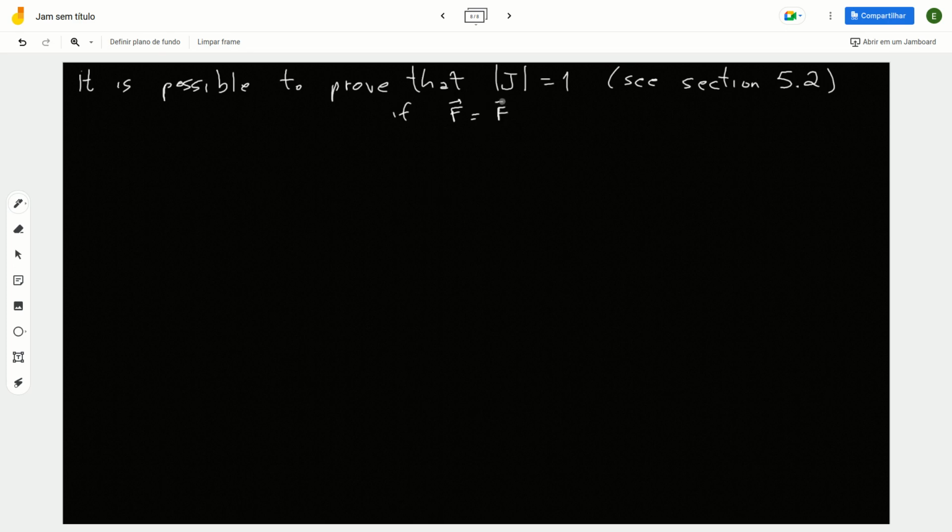The first part we'll call F prime, plus the second part, which is just Q, the charge of the alpha particle, times V cross B. This is from the Lorentz force, but now we have a part that is independent of V. This is the independent part.